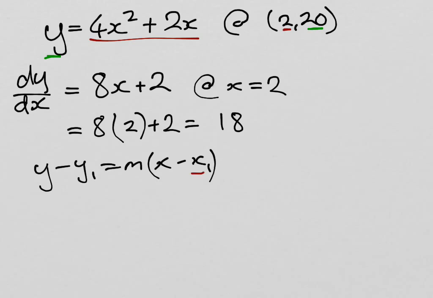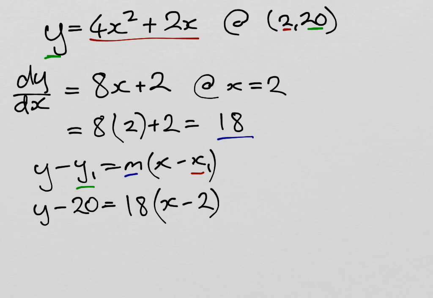Grabbing these values from the ones that we've been provided and the ones that we have calculated, we get y minus 20 equals 18 outside of x minus 2. However, we can simplify this by going y minus 20 equals 18x minus 36.